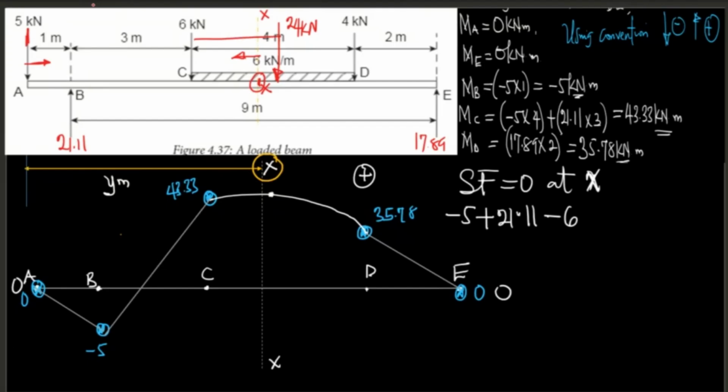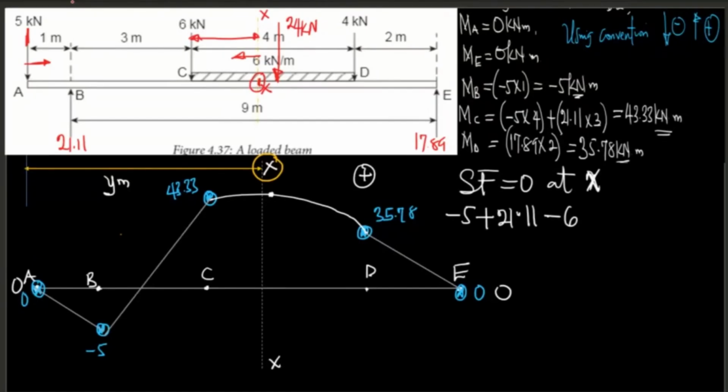There is a UDL here, uniformly distributed load. Between C and X, the point where we are taking into consideration.